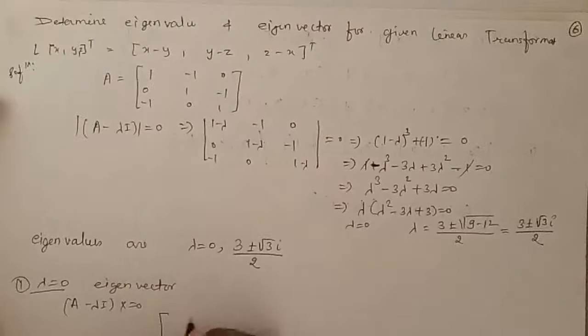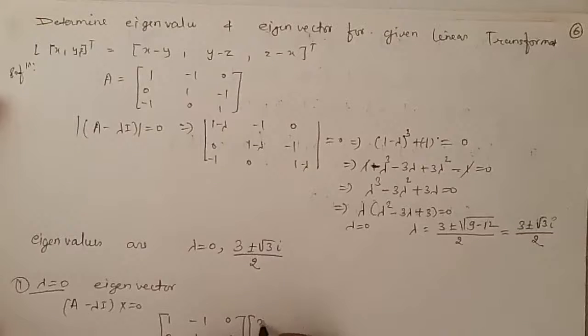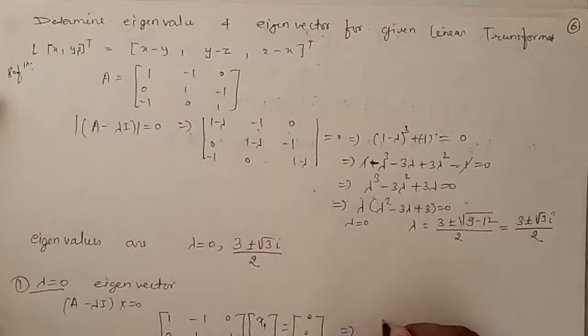So we have A as [1 minus 1 0; 0 1 minus 1; minus 1 0 1] into (x, y, z) is equal to (0, 0, 0). On solving this, we will get x minus y is equal to 0, y minus z is equal to 0, z minus x is equal to 0. This implies x is equal to y, y is equal to z, and z is equal to x.